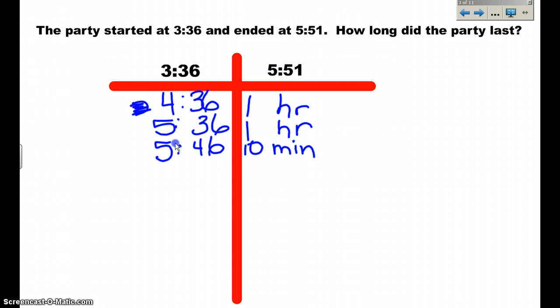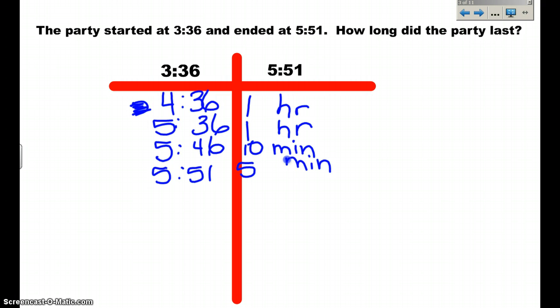So I can count up from 5:46 to 5:51, and I know that is 5 minutes.